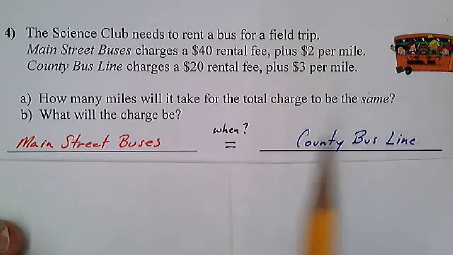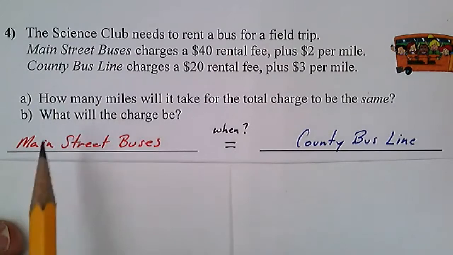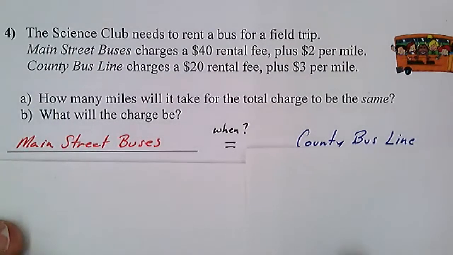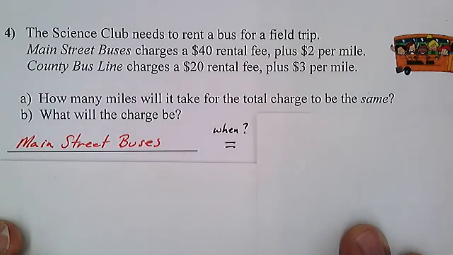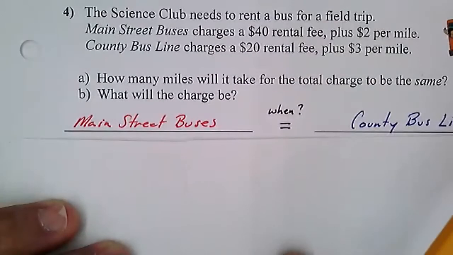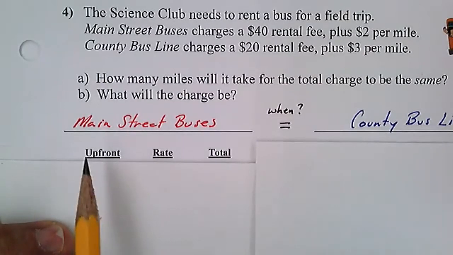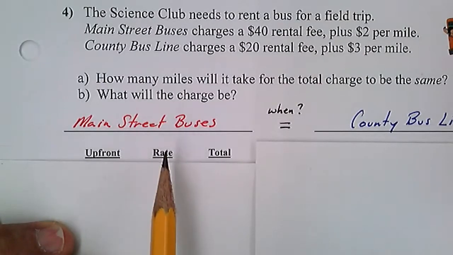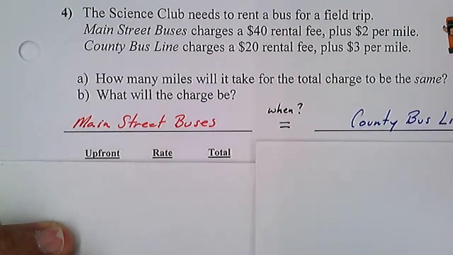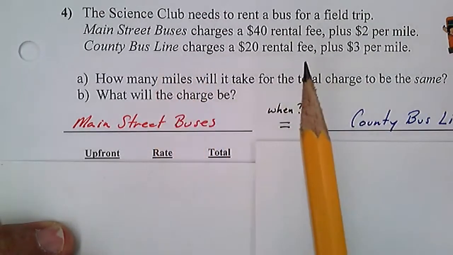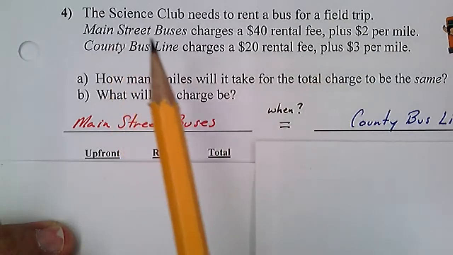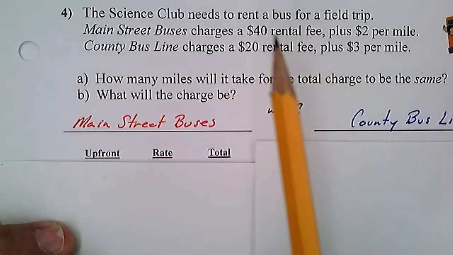Okay, so the first thing we want to do is look at our 3-box strategy for Main Street buses. So we've got our 3 boxes: the upfront, the rate, and then the total. Now, let's look at the information they gave us. On Main Street buses, it says $40 rental fee.